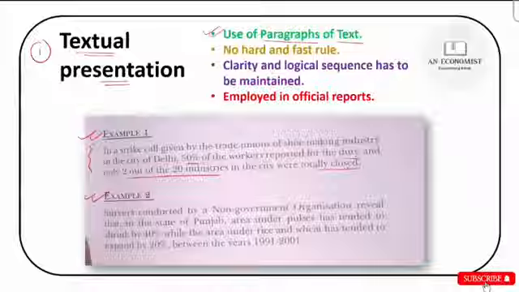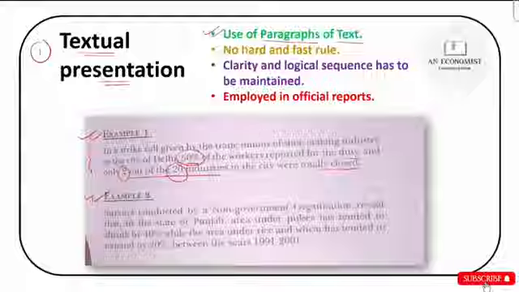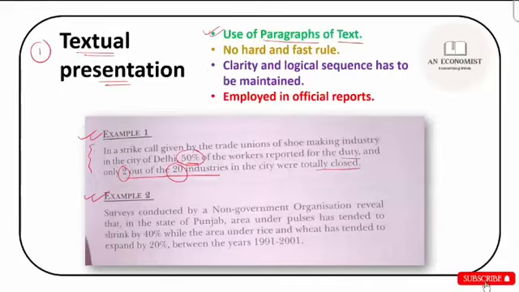So here you can identify the numeric data that is presented inside the text. You are not writing anything in a table or in a diagram or something. You are just presenting your thoughts and your data in the form of a paragraph or a text.